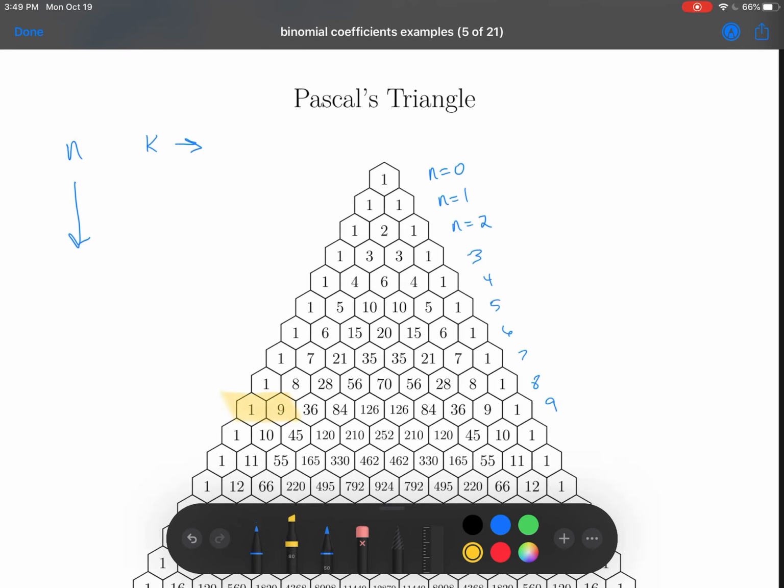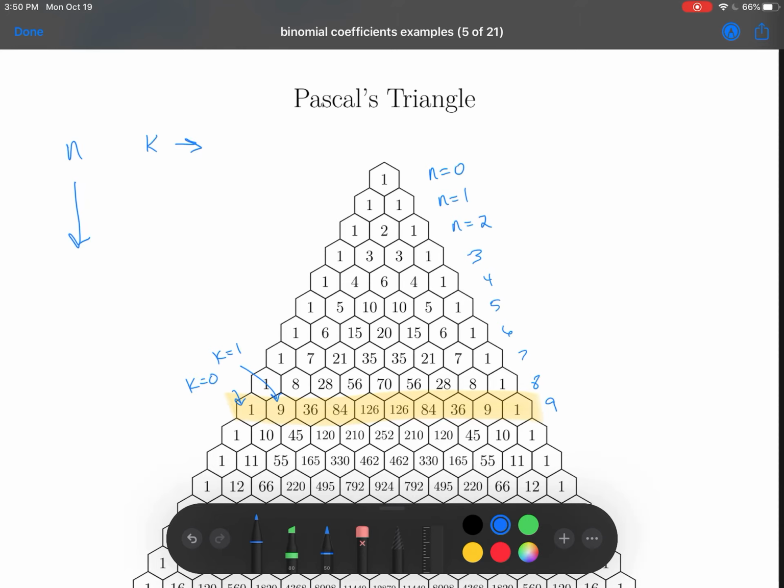Notice also a shortcut way to find that: if you look at the second number in the row, that tells you what the value of n is. So this 9 right here is telling us n equals 9. So we want to be in this row right here, and we're looking for a k value of 6. So k starts at 0, again, like n. This one is k equals 0.